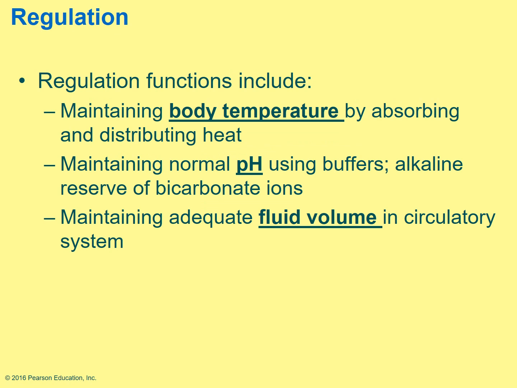For regulation, it's helping to regulate body temperature. It's able to absorb heat and distribute that heat to different areas of the body. It helps to maintain the proper normal pH. There are different buffers that we'll learn about, but the pH of the blood is going to be very closely monitored and maintained.